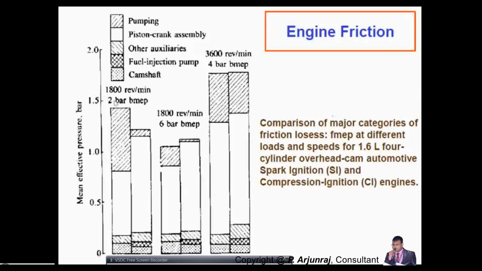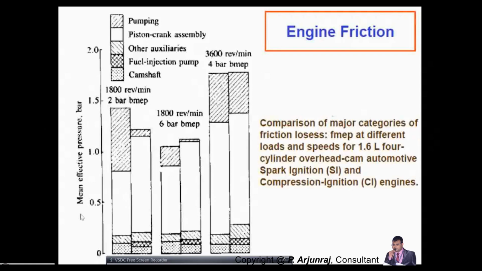So now, I'm comparing the SI and CI engine with respect to the same RPM and the same engine configuration of 1.6 liter. I'm going to compare at speeds of 1800 revolutions per minute and 3600 RPM. Here I have taken 2-bar, 6-bar and 4-bar brake mean effective pressure, respectively. The first case is the 1.6 liter 4-cylinder engine running at 1800 RPM with 2-bar brake mean effective pressure.